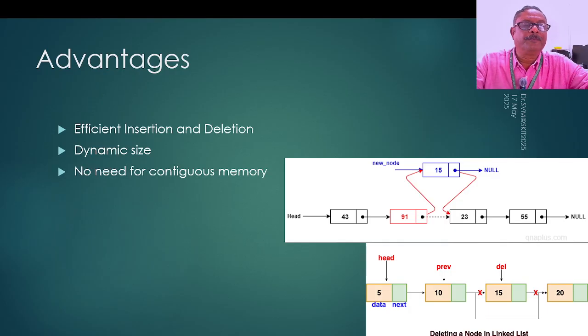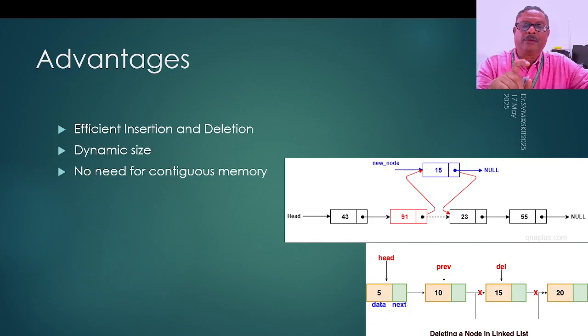And of course, for any node, what we require is one contiguous memory sufficient to store one node. You don't have to have contiguous memory for all n data in one place, just sufficient to store one node.